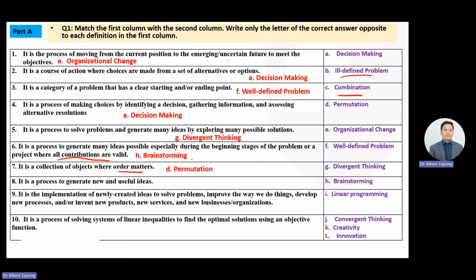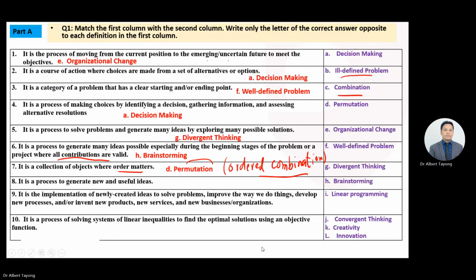Anyway, permutation is actually a special type of combination. We call this an ordered combination. So when we're talking about a permutation, it is also a combination, but a special one because we care about the order. We are concerned about the position.